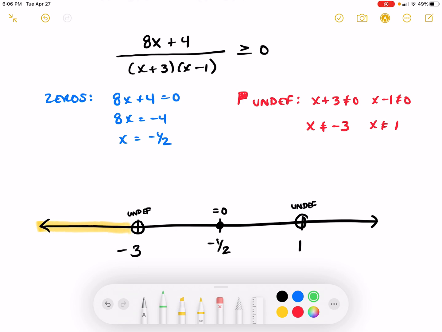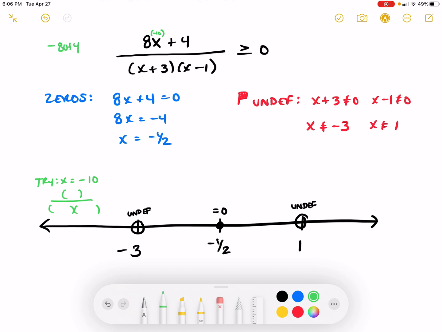I try any number less than negative 3. So I'm going to try x equals negative 10, okay? So we've got a numerator and 2 denominator factors that we're going to plug negative 10 into. We don't even really need to do that much mental math, because when I take 8 times negative 10, I get negative 80 plus 4.